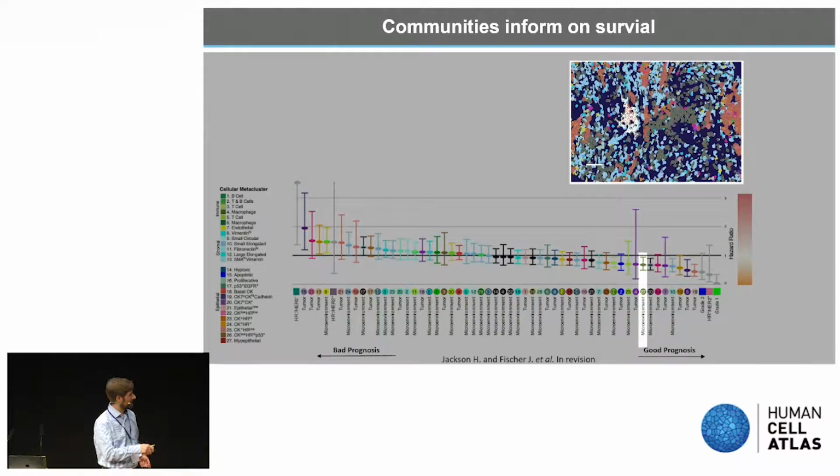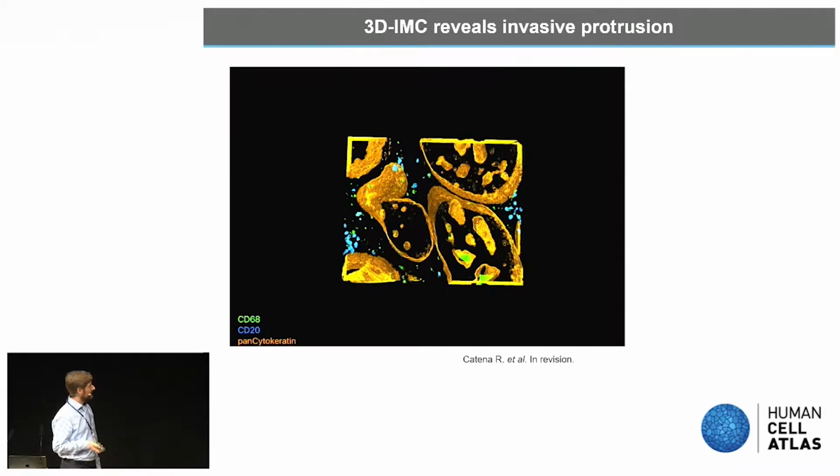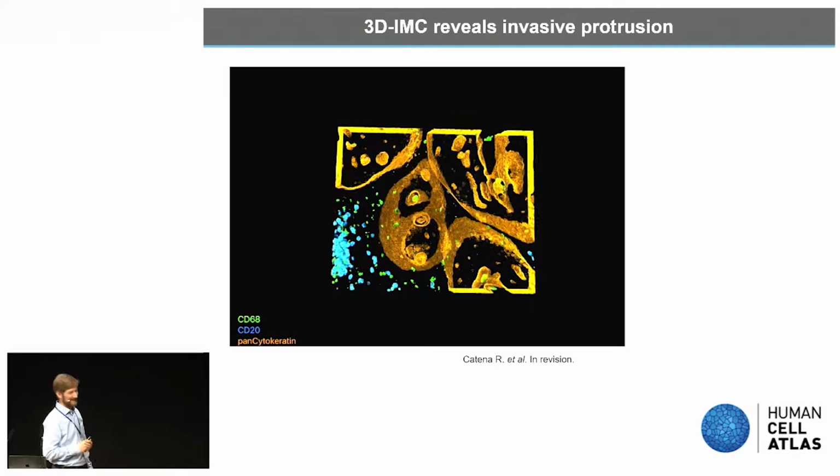So there are several of these complex communities of the stroma that we could identify that shift a patient from a subgroup that in the clinic has a very bad prognosis into a subgroup that has a good prognosis. That was just one small example and one little glimpse of all that we did in this study. And I forgot that I added this slide.